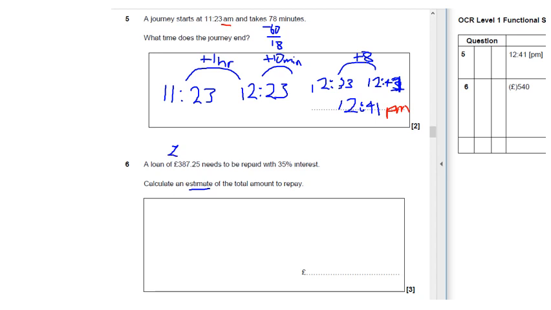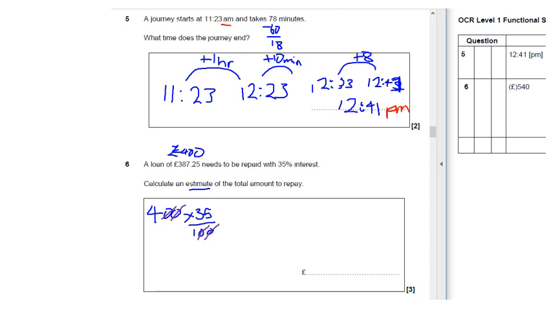So let's make it 40%. £400 is what I meant. Okay, so I would do 400, and again, with 35%, I write like this. So then I can cancel that with that naught, that one with that one.